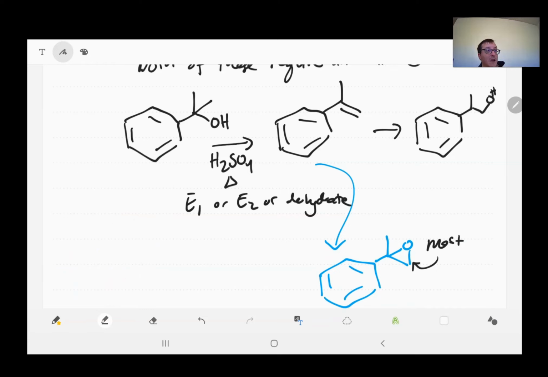And if we do that, we're going to end up keeping our alcohol where it used to be. So we would need to do something special. We would need to somehow protonate that oxygen, but then have a hydride attack it. That's pretty tough. But we can also just do an anti-Markovnikov alcohol on this in just one step.